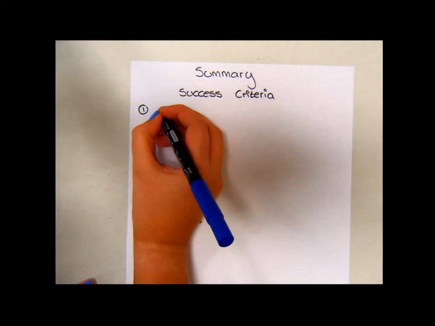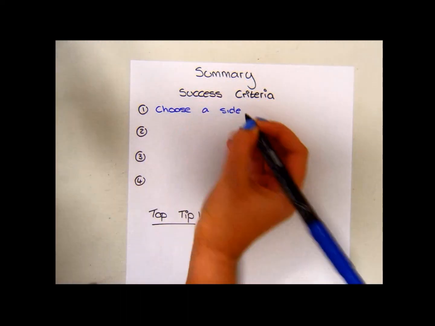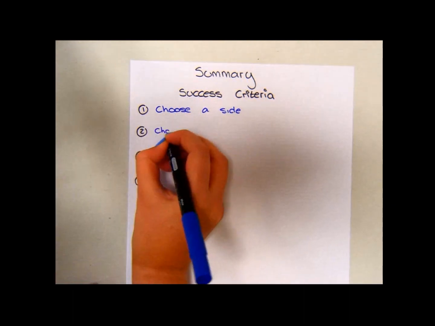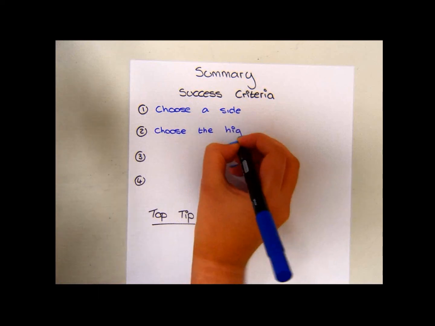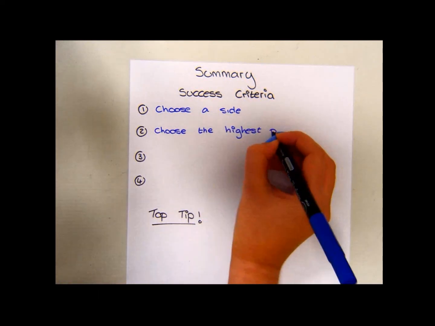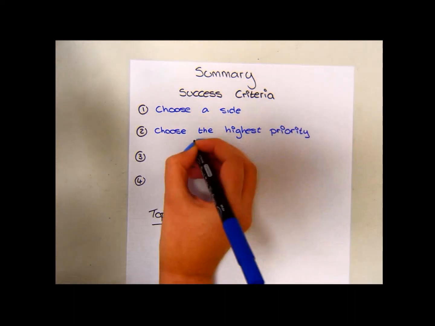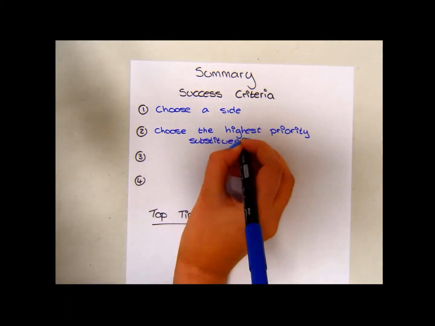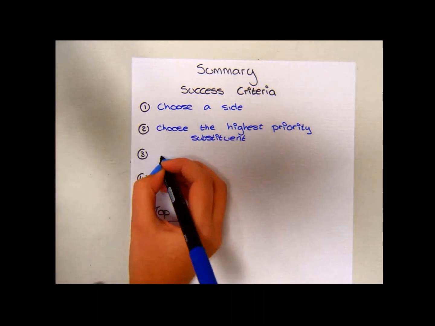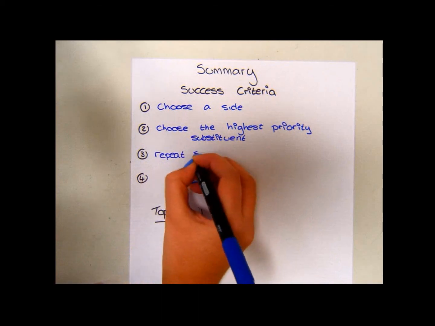To summarise, we can make a success criteria. Step 1 will be to choose a side. Step 2 is to choose the highest priority substituent. Step 3 is to then repeat step 2 for the opposite side.